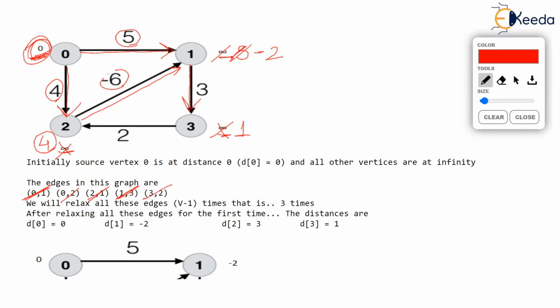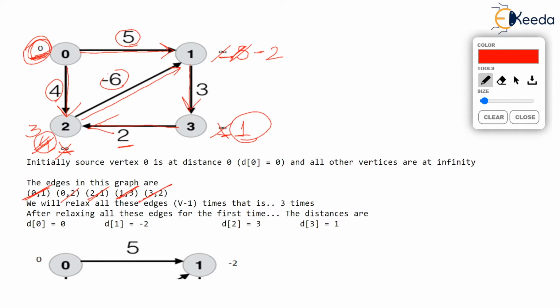And finally 3 comma 2. If you relax this 3 comma 2 edge, it will be 1 plus 2, correct? The distance of the third vertex plus the cost of 3 comma 2, which is 3. And you observe vertex 2 is at a distance of 4 and we got a lesser distance 3.